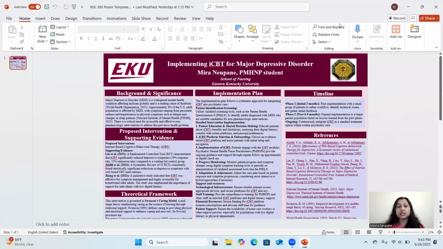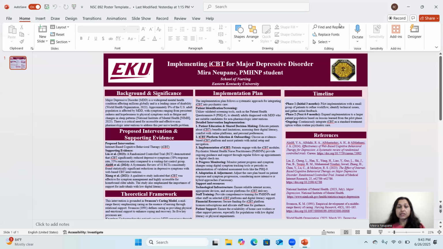Lastly, we need to see if there is any need for adaptation or adjustment. We need to adjust the care plan based on the patient's response and symptom progression, considering a more intensive or hybrid approach if they need it.